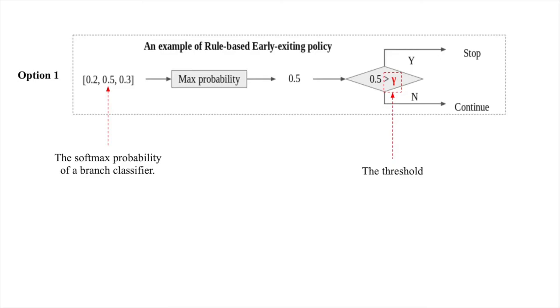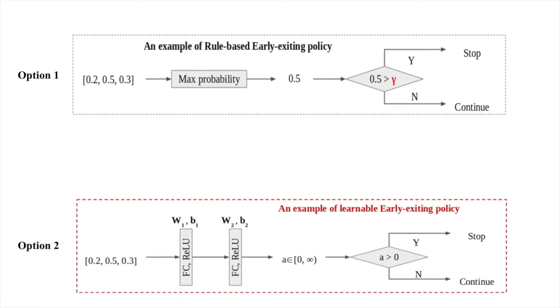The model takes the maximum value of the softmax probability as a measurement of the uncertainty. If the probability is higher than the predefined threshold, the model can stop here and output the prediction of the current branch. For option 2, we propose to use a small neural network to implement the early exiting policy. In this example, the network consists of two fully connected layers.